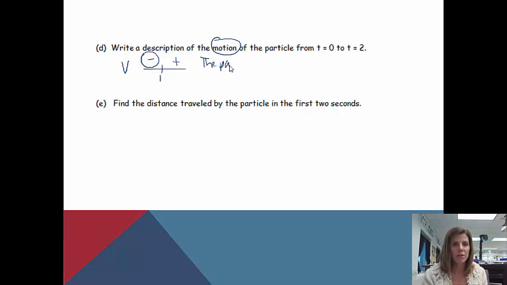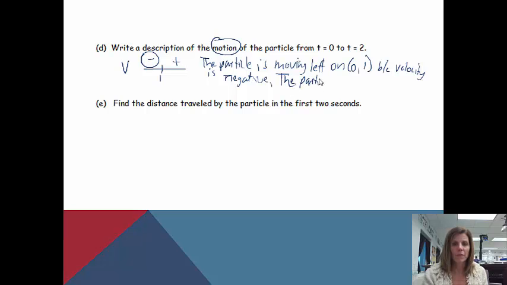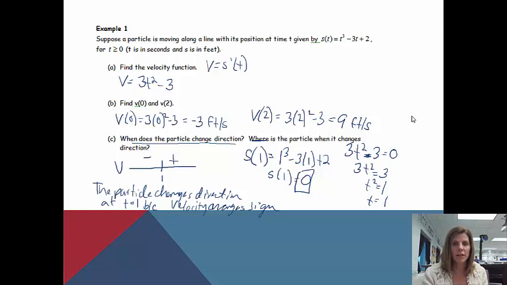So on this problem, we would know that the particle must be moving to the left. So we could say the particle is moving left on the interval 0 to 1 because velocity is negative, and the particle is going to be moving right from 1 to, I'm thinking, did it give us, it said, nope, just t is greater than or equal to 0, so I guess forever and ever.